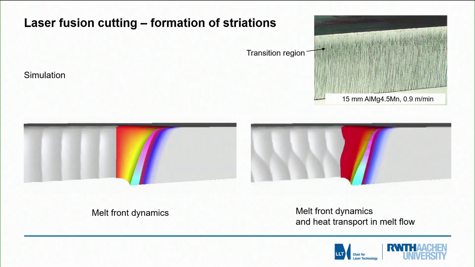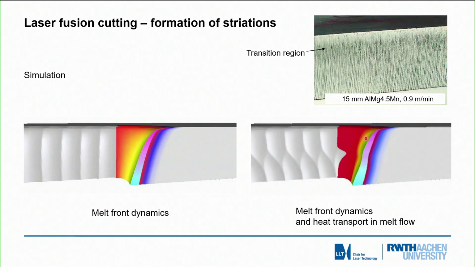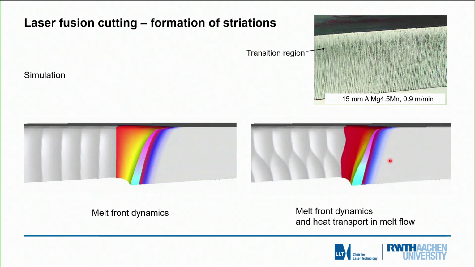In reality, it's even more complex if you look at this next video. As you can see, the resulting striations now get even more complicated, and the reason for that is that the melt flow in reality is not only vertical, but it also has horizontal components around the laser beam itself, so radial components which superimpose with the vertical components.